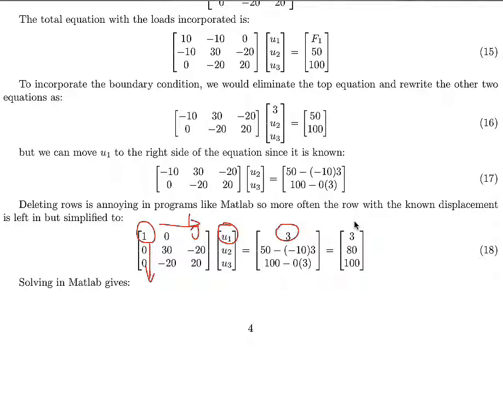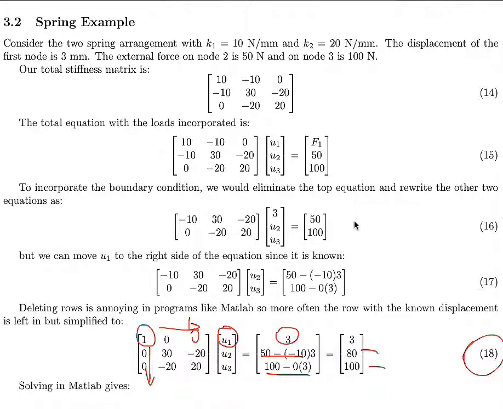And then we modify the load forces F2 and F3 by moving the displacement times the corresponding stiffness to the other side, giving 80 and 100. So that's the procedure. Equation 18 now replaces equation 15, which is supposed to be describing the equation knowing that U1 is equal to 3.